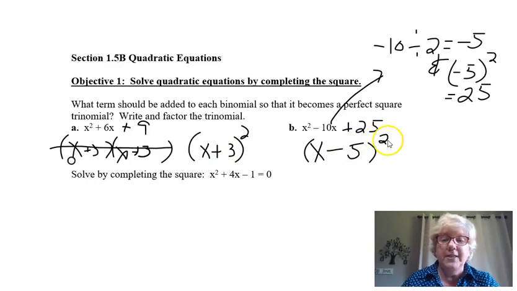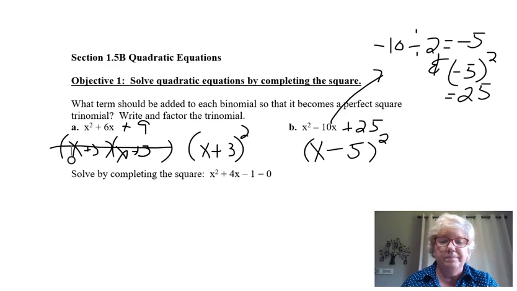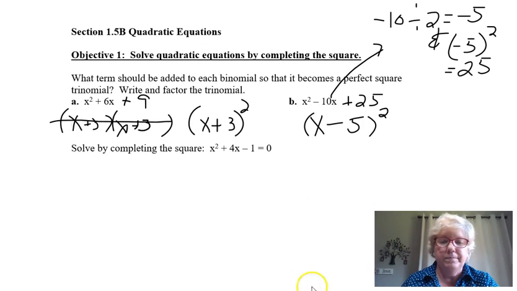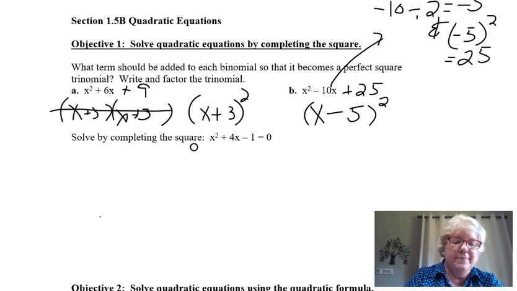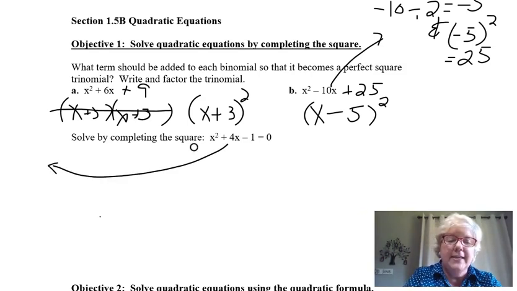Now let's use this process with the entire problem. Okay, let's complete the square for this trinomial. I will take that 4 in front of the x and go over here to the side and do my process.